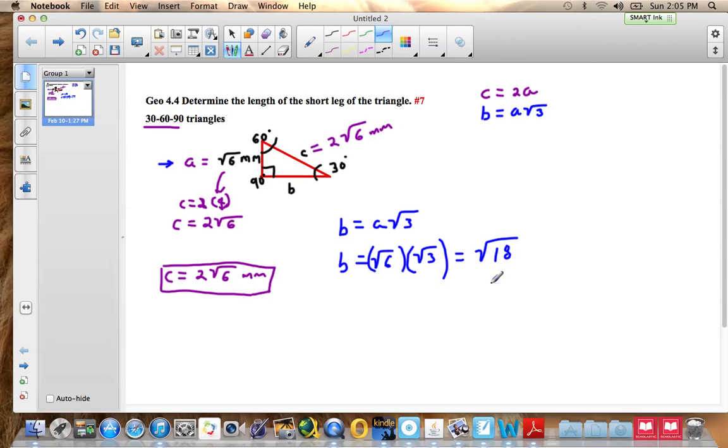Okay, so now what I want to do is say that the square root of 18 can become square root of 9 times square root of 2, because remember, I want to try to break this down so that I can find a perfect square inside of this. And so 9, I can take the square root of 9 and get a 3, and then 2 is as far as it goes.